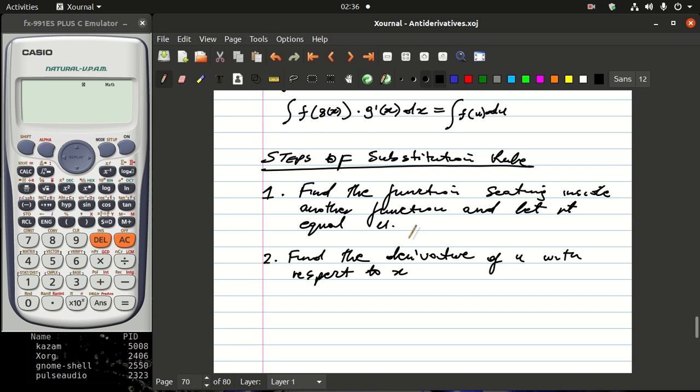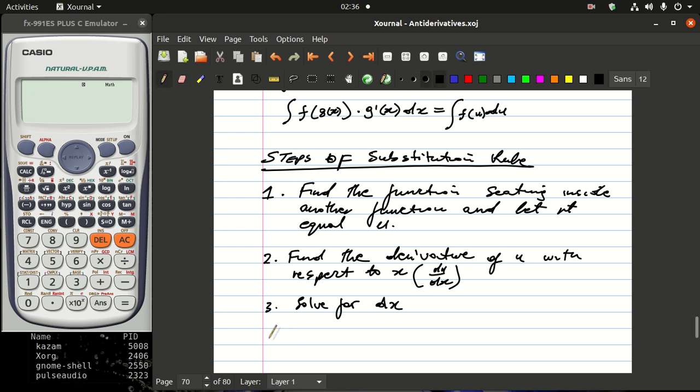If the independent variable is t, then we will find the derivative with respect to t. That is, I want us to find du dx. The third step is you want to solve for dx. So that is what we want to find. Once we have du dx equal to something, then we cross multiply so that we end up solving for dx.